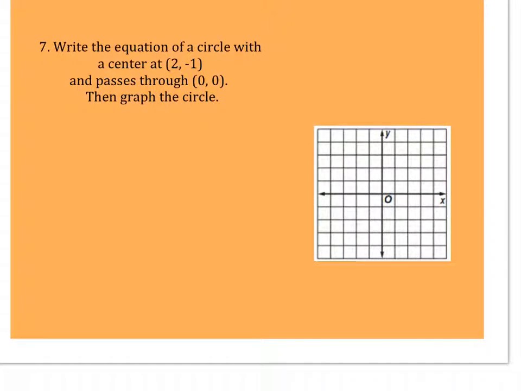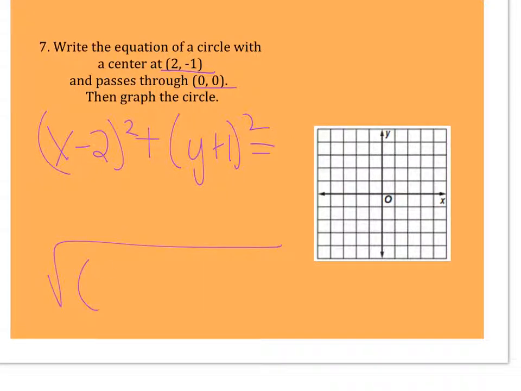Write the equation of a circle with a center at (2, -1) that passes through (0, 0), then graph the circle. Start with x: (x minus 2) squared plus (y plus 1) squared equals whatever my radius is. To figure that out, I have to do the distance formula again. So I go x minus x, so 2 minus 0, squared, plus -1 minus 0, squared.